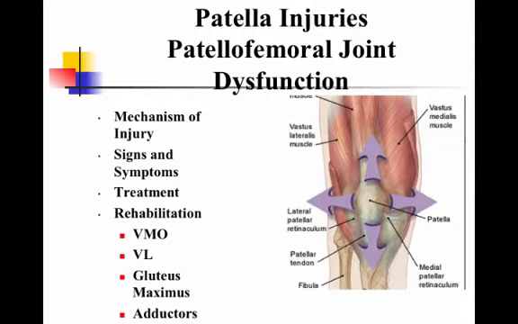Hold this for a count of 6, and then relax. This simple procedure develops the weak medial musculature, including the groin and VMO, and prevents or treats patellofemoral joint dysfunction.